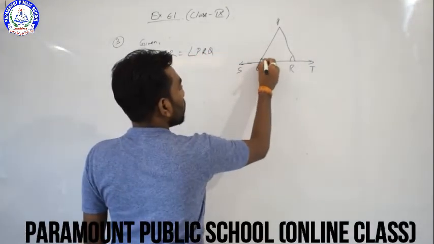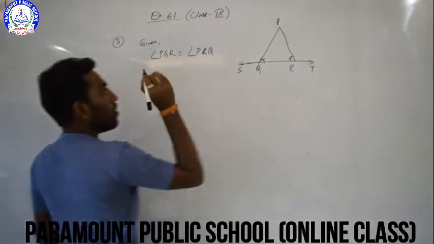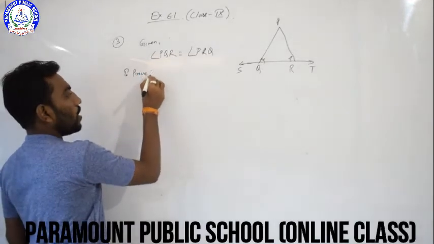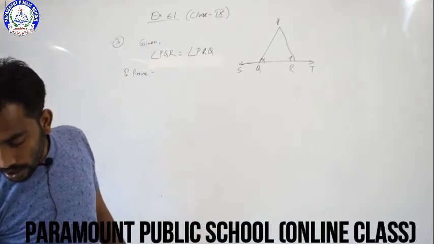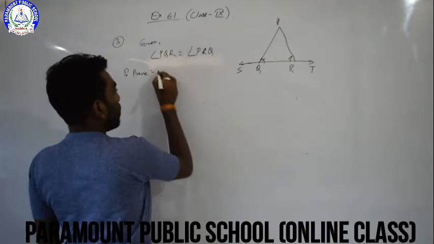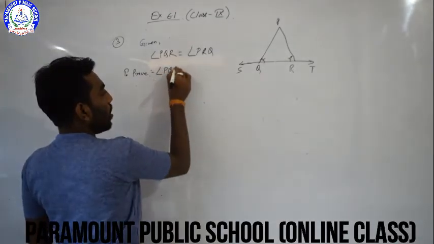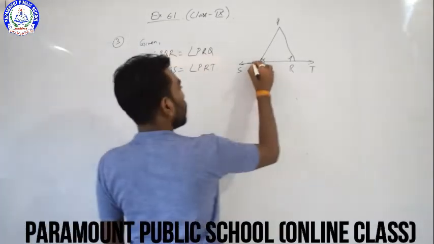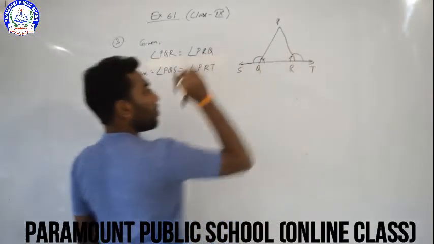They are telling this angle is equal to this. What we have to prove? We have to prove that angle PQS is equal to angle PRT. We have to prove this angle is equal to this.